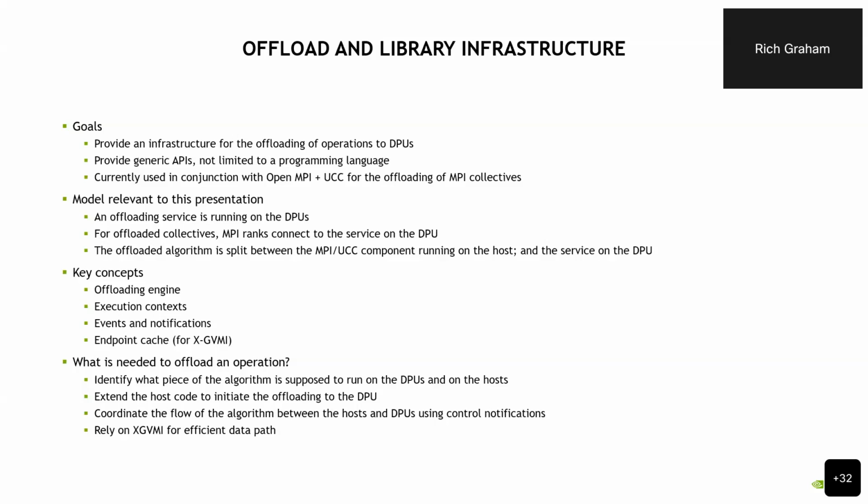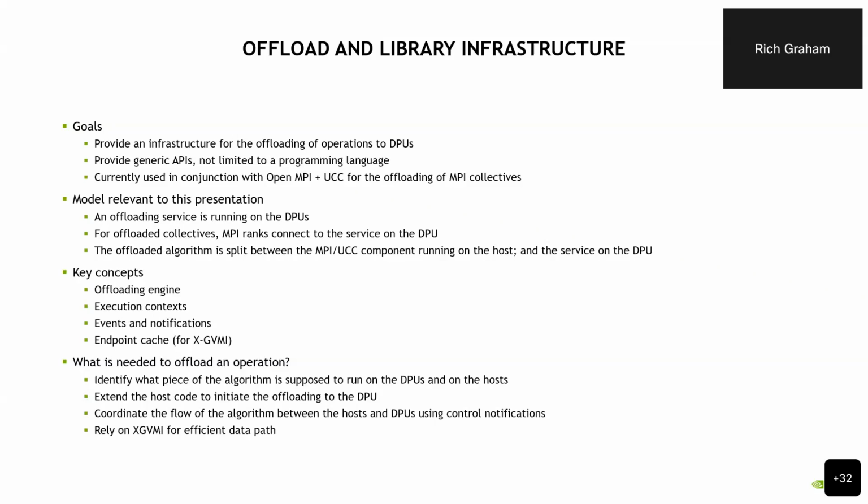And what also is supported are some endpoint caches for the cross-Gvmi memory keys. Just like standard UCX has its registration cache to support memory keys and reduce the cost of memory registration in your host-based, GPU-based type of environments, you also need that support for the cross-Gvmi memory key.